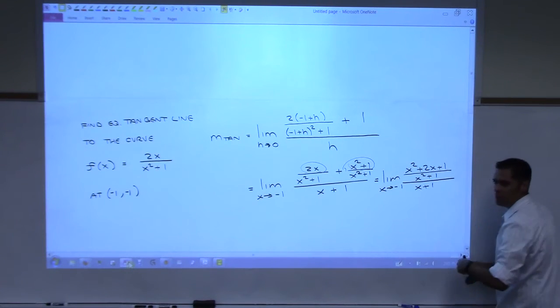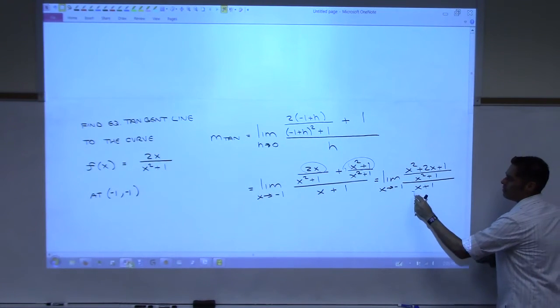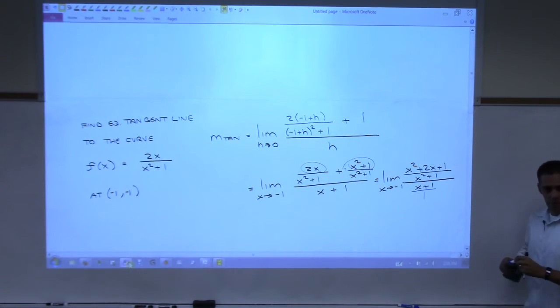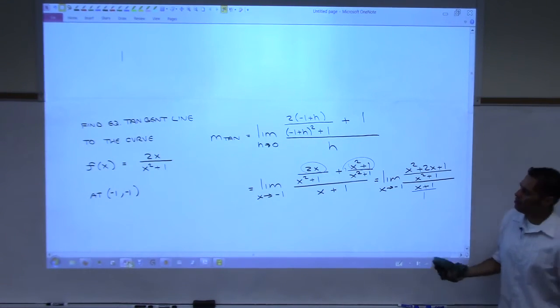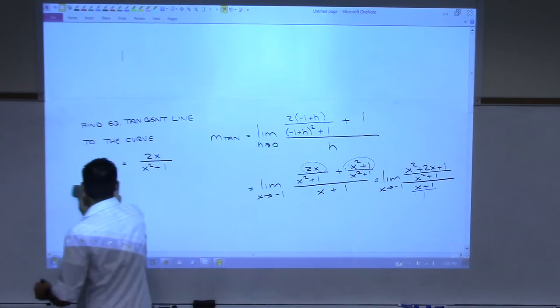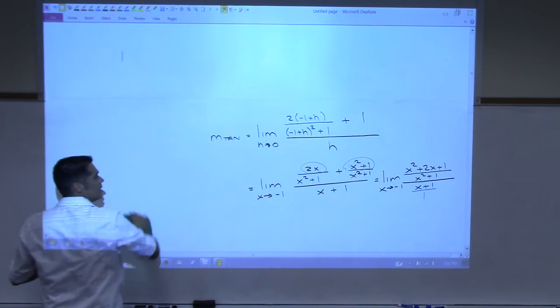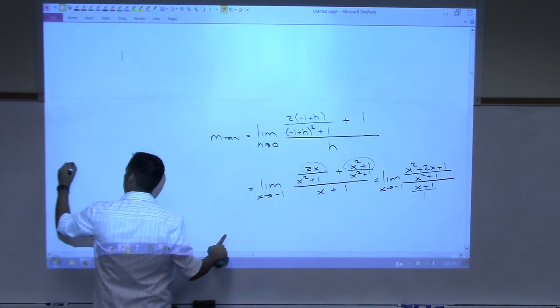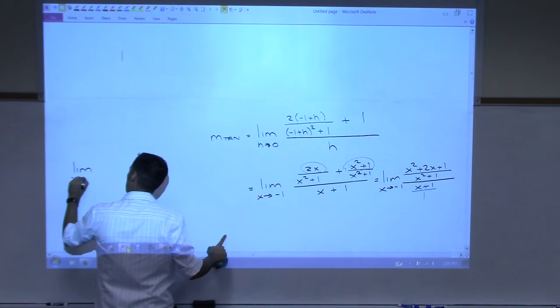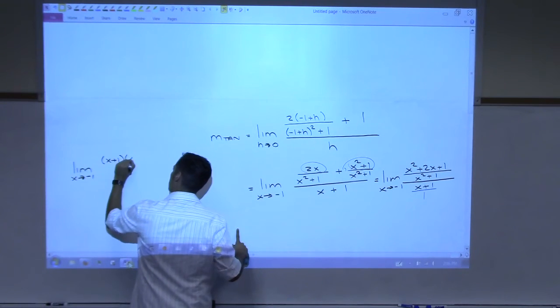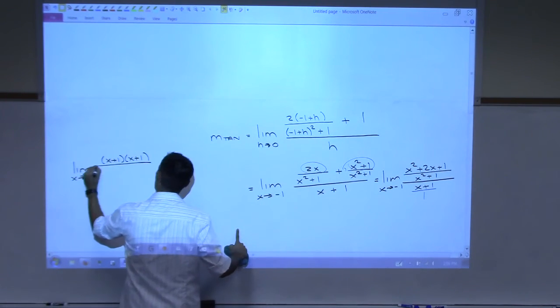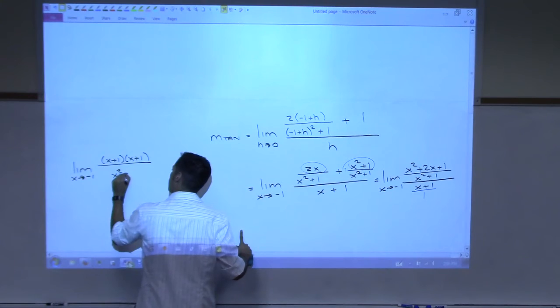And what we can do is view this bottom piece as a fraction also. That way we don't get confused as to how things would flip around. Let me rewrite the numerator factored. It would become x plus 1 times x plus 1 over the common denominator, x squared plus 1.